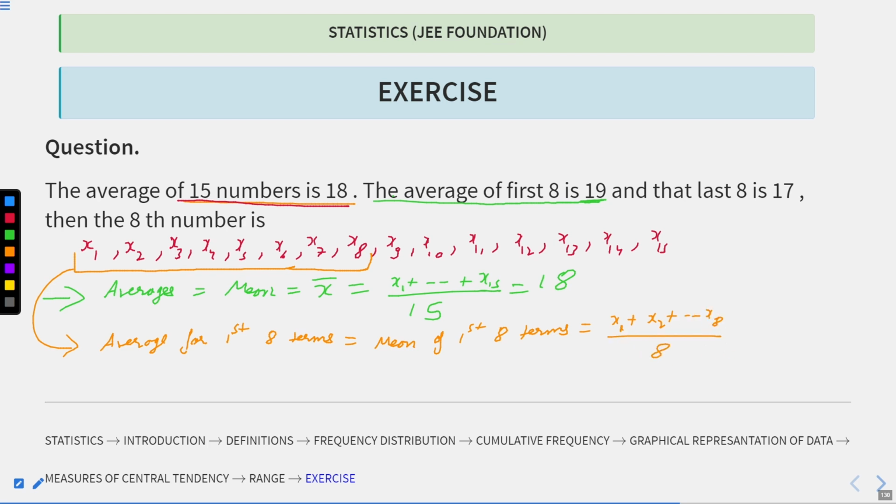The total number of observations here is 8, and it is given to me as 19.